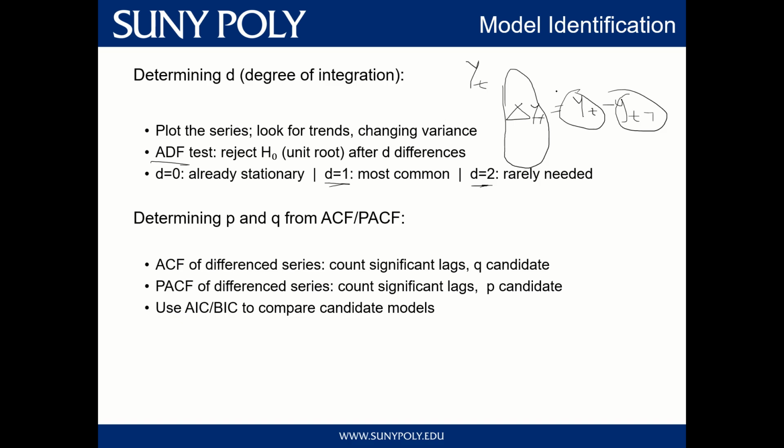That's the difference of the difference, not the difference of the original. You subtract the difference at period 2 minus the difference at period 1, the difference at period 3 minus the difference at period 2. So you do that again. The most common value will be d equal to 1, just by differencing once, but if required, you can do it two times.